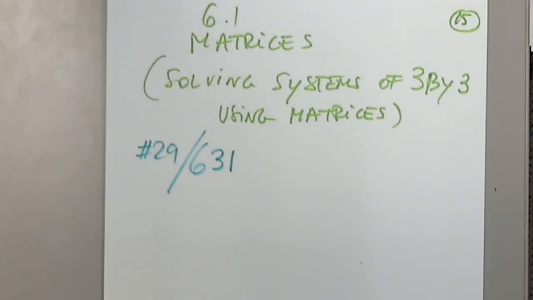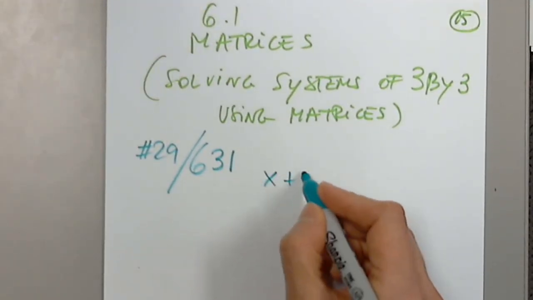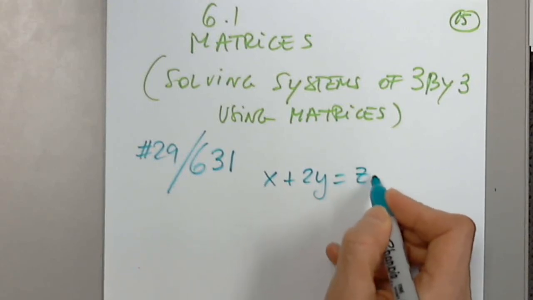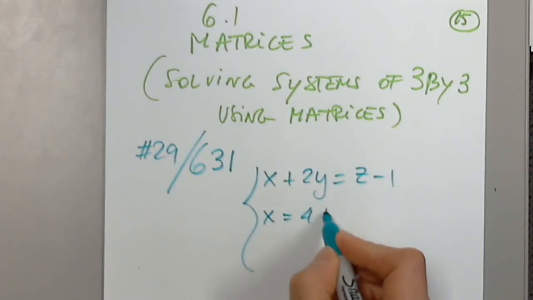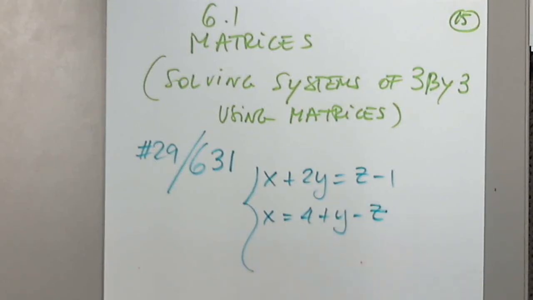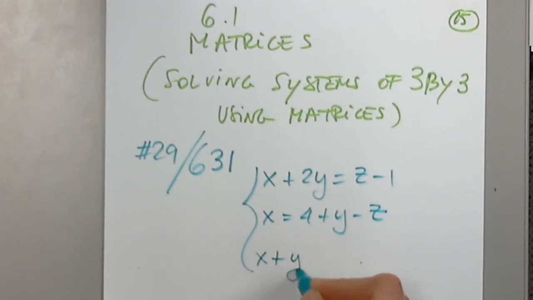Okay, so here's the system. x plus 2y equals z minus 1. x equals 4 plus y minus z. And x plus y minus 3z equals negative 2.